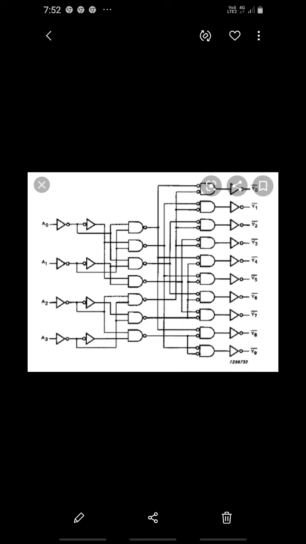It can be drawn by using A0 bar, A1 bar, A2 and A3 bar, and draw the AND gate by using these four input terminals. And next draw the Y3: A0 bar, A1 bar, A2 and A3.